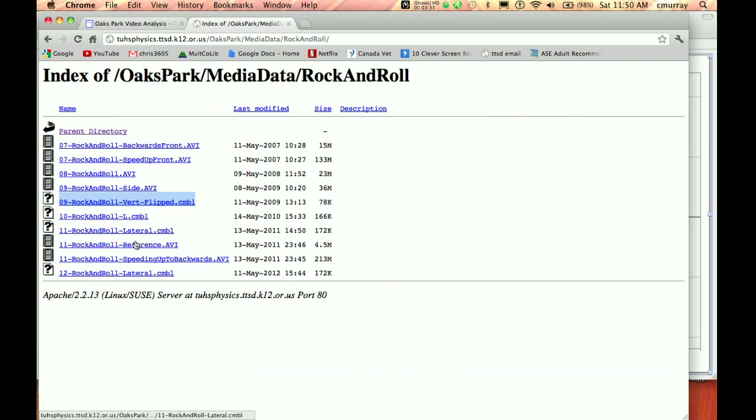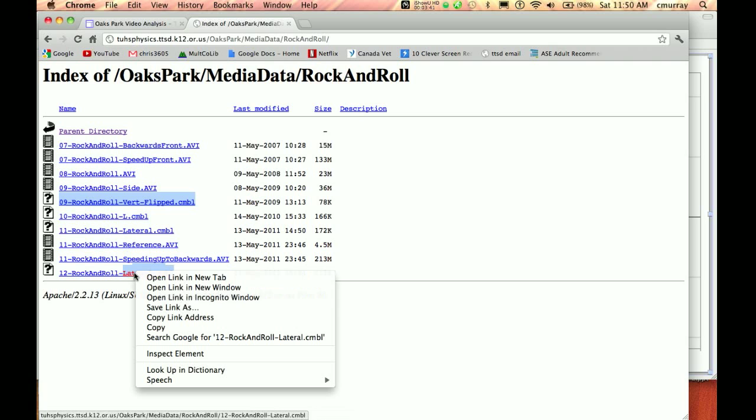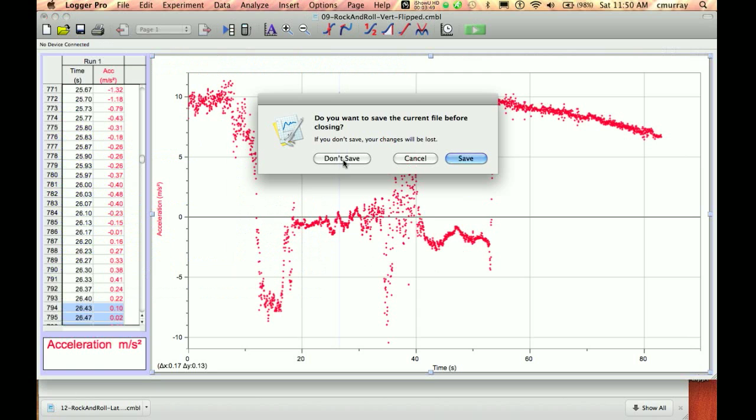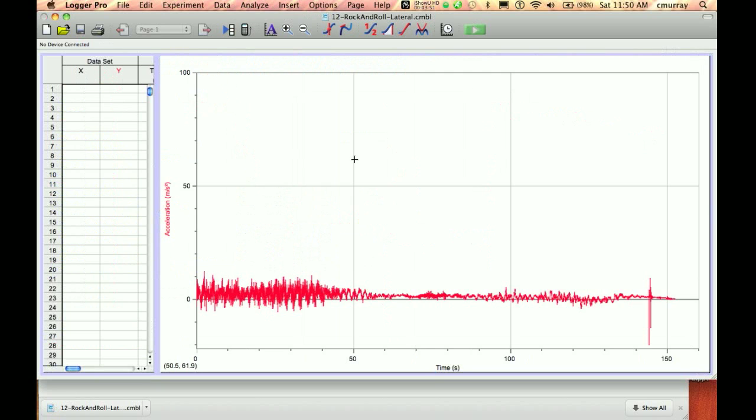Let's see, is there a lateral? I suppose this is lateral. A reference. CMBL lateral. Let's see what this one is. Save link as. Don't save. Let's see what this does. That truly is lateral.